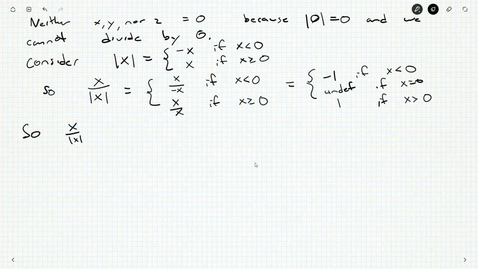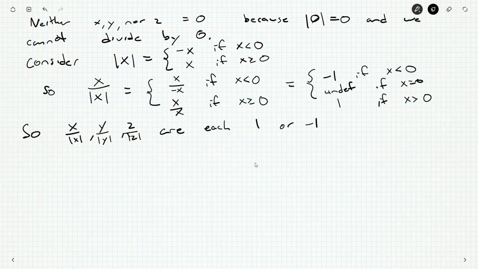So x over the absolute value of x, y over the absolute value of y, and z over the absolute value of z are each 1 or -1.